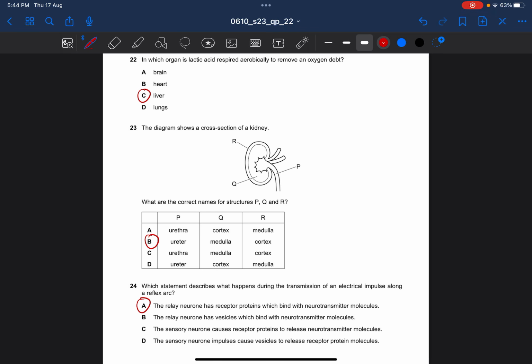But B is wrong because the relay neuron does not have vesicles. They only have receptor proteins. And C, the sensory neuron causes receptor proteins to release? No, it should be the vesicles. C is wrong. And then D, the sensory neuron's impulse causes vesicles to release receptor protein molecules. That's wrong. It should be neurotransmitters.